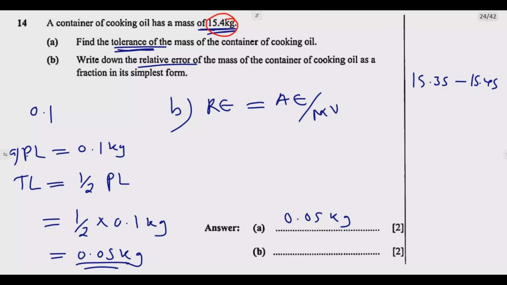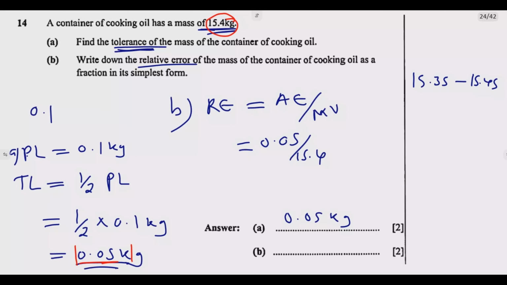The absolute error, we just get it in absolute terms. Remember, the tolerance we are saying is 0.05 kg, which can be above or below. Now, the absolute error is just this tolerance in the positive term. So what this tells me is we're going to have 0.05 divided by 15.4. That's what we are going to have.